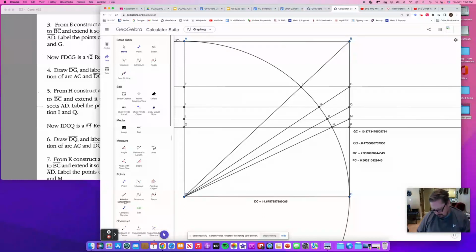And 14.6758 divided by 8.4731 equals 1.732.